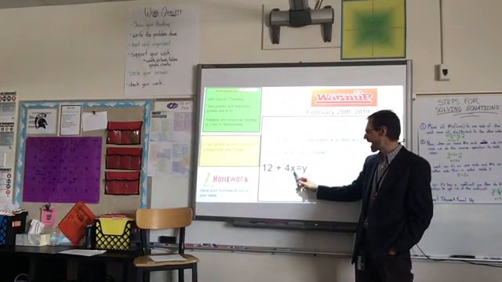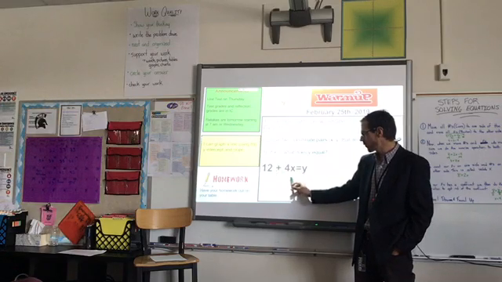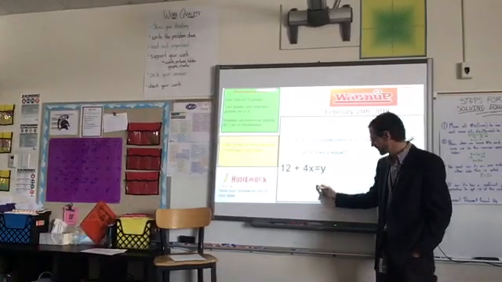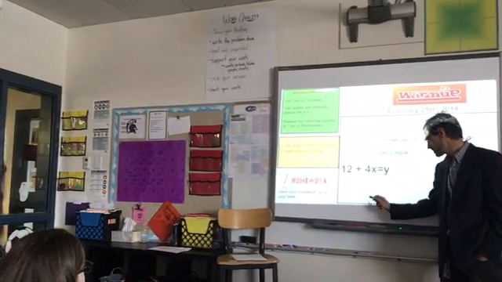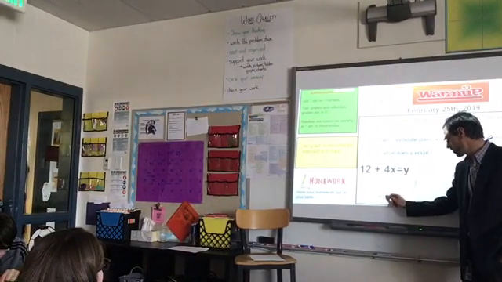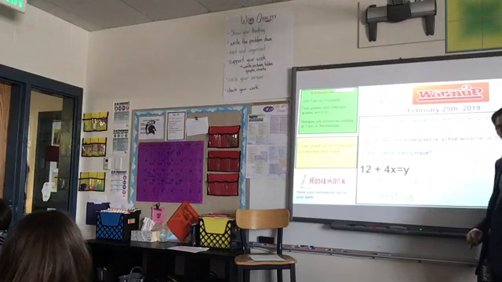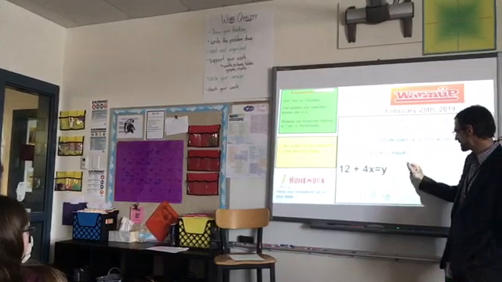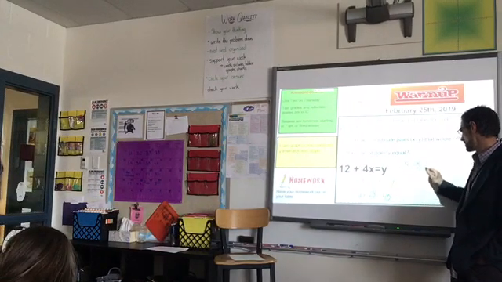I put 7 in for x, so my new equation becomes 12 plus 4 times 7. PEMDAS tells me do that first. That equals 28. Now I have 12 plus 28, and then I know y equals 40. So my coordinate point is when x is 7, y equals 40.